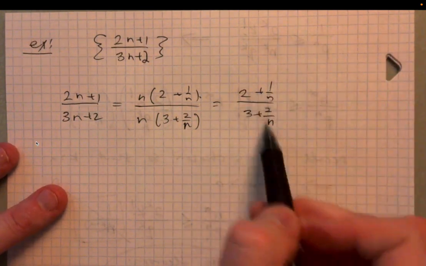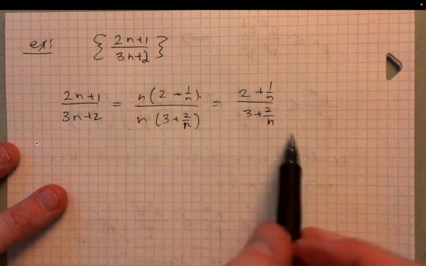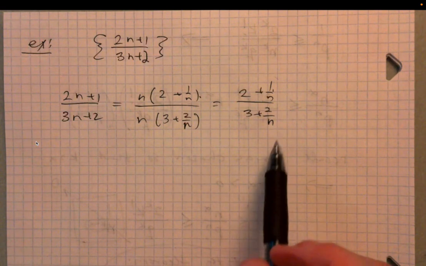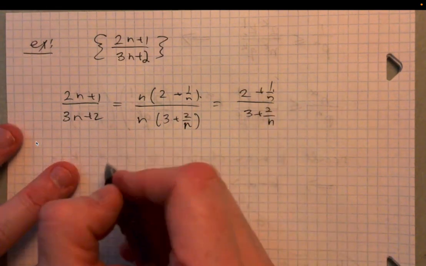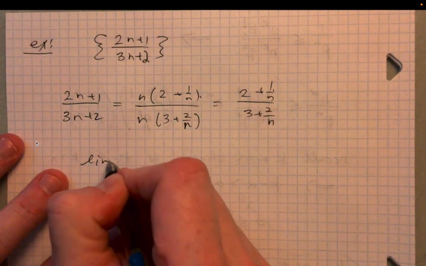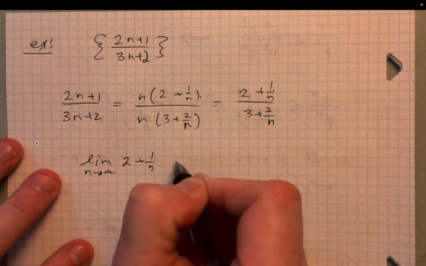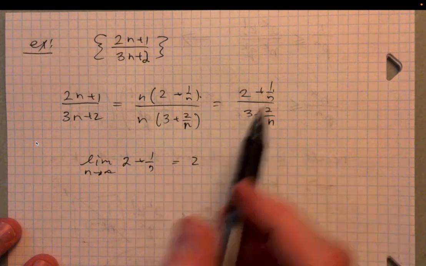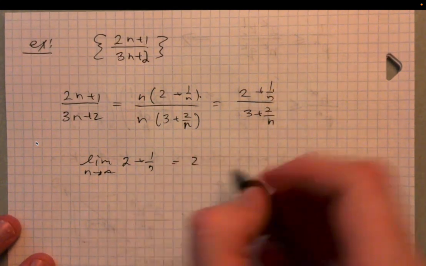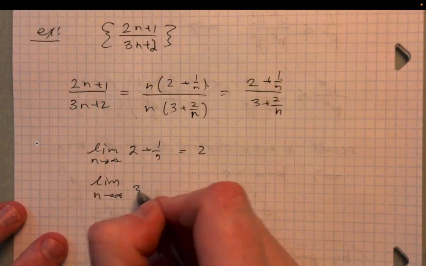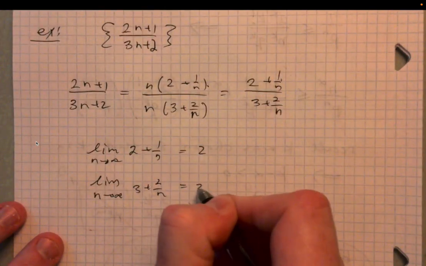Now, if you consider the top and the bottom separately, we know from part 1 of the theorem that we just talked through that the limit of 2 plus 1 over n as n goes to infinity is equal to just the 2, because this piece goes to 0. And the limit as n goes to infinity of 3 plus 2 over n is equal to 3.